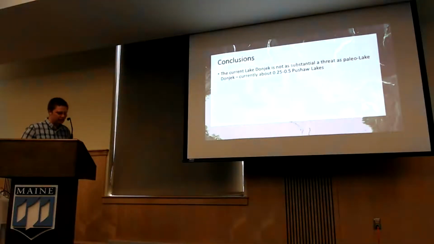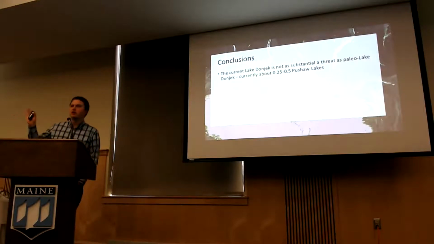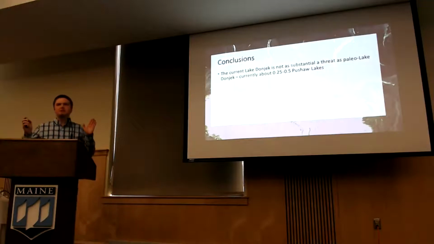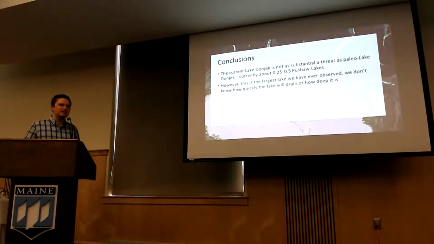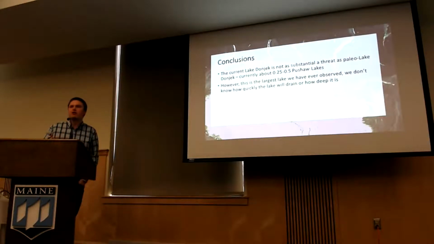So the current Lake Donjek is not nearly as substantial a threat as Paleo Lake Donjek was. This is only maybe a quarter to half the volume of Pushaw Lake here in Orono. So it's not nearly as big a concern as Paleo Lake Donjek. But this is the largest lake we've seen forming from the air photo and the satellite archive.